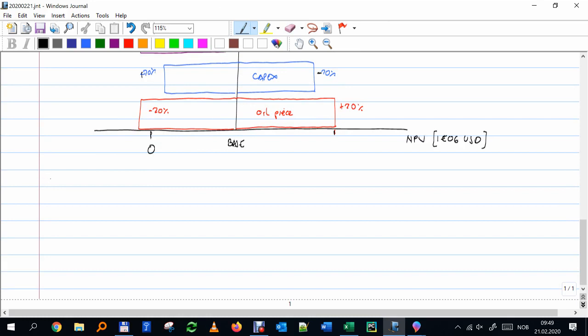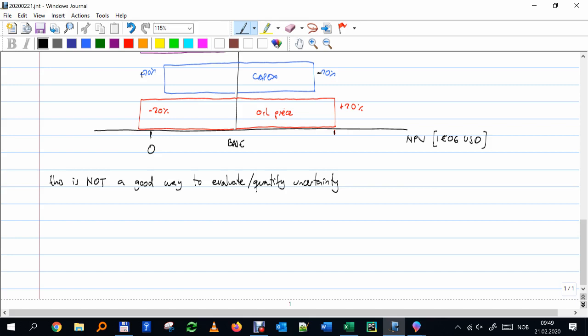But I have to give the disclaimer that this is not a good way to evaluate or quantify uncertainty. Why? Because we are doing it one at a time, assuming everything else is constant.